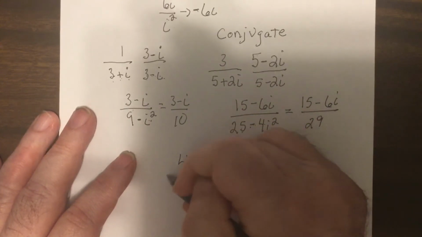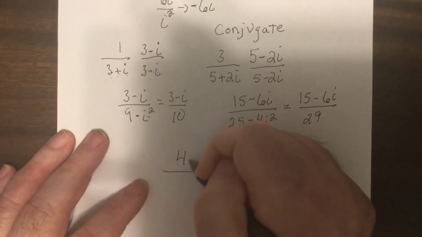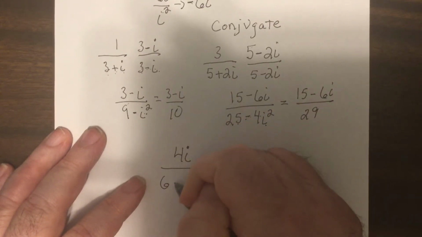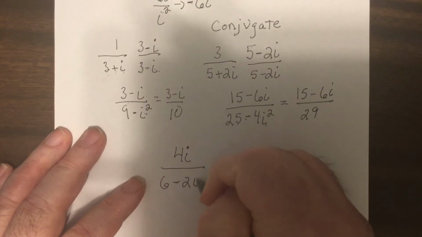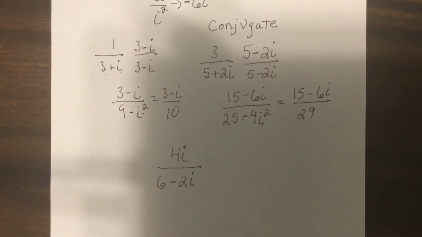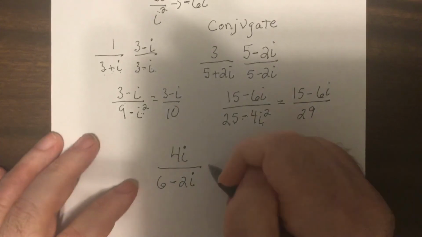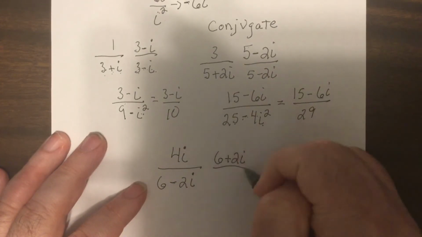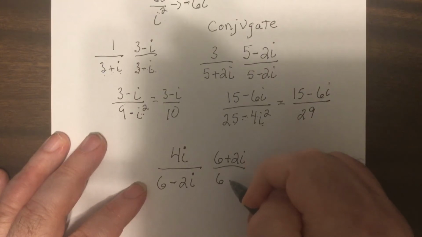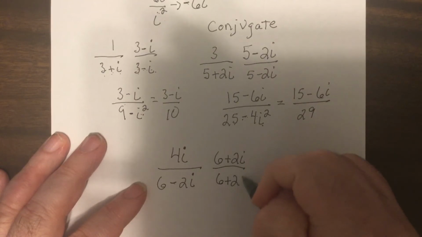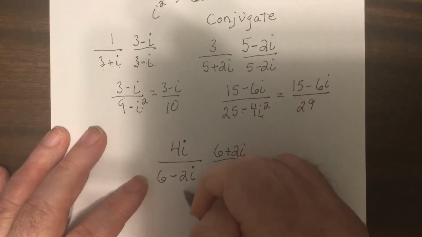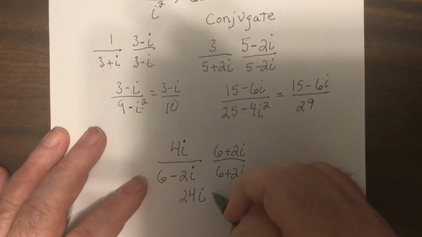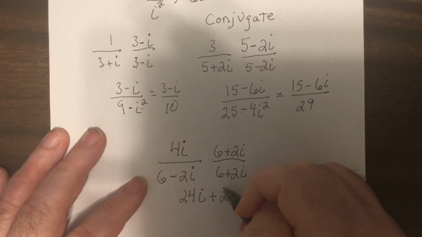So let's look at another one. 4 over, let's make it even more challenging, 4i times 6 minus 2i. So I multiply the top and the bottom by the conjugate, which would be 6 plus 2i. So distribute, that'd be 24i. 4i times plus 2i would be plus 8i squared.